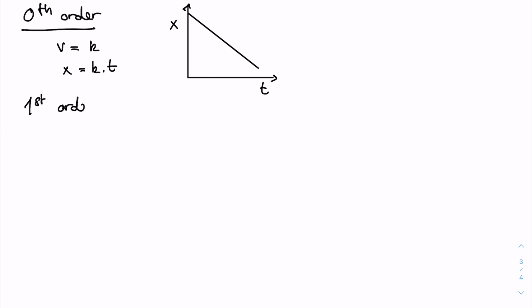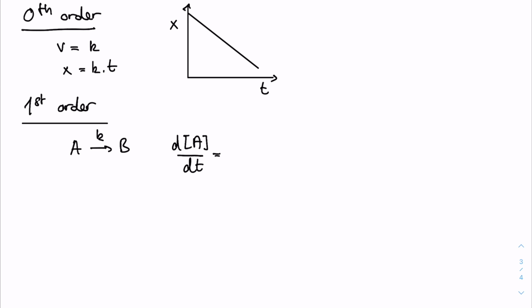First order. Okay, we go back to our simple example. A goes to B with a certain rate constant K. So I can write dA/dt, right?